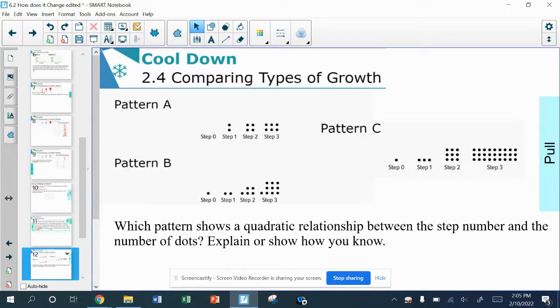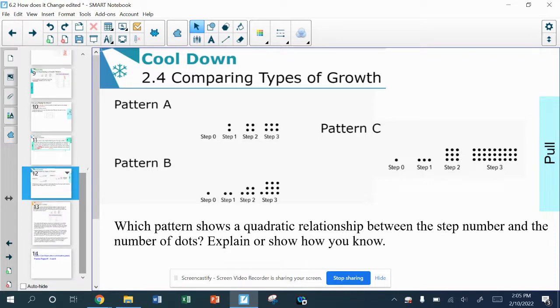So for this cool down now, looking at these 3 different patterns, it says which pattern shows a quadratic relationship between the step number and the number of dots, and explain how you know. So let's just take a look at what our numbers are doing here, what our dots are doing here. In pattern A, we have 0 in step 0.